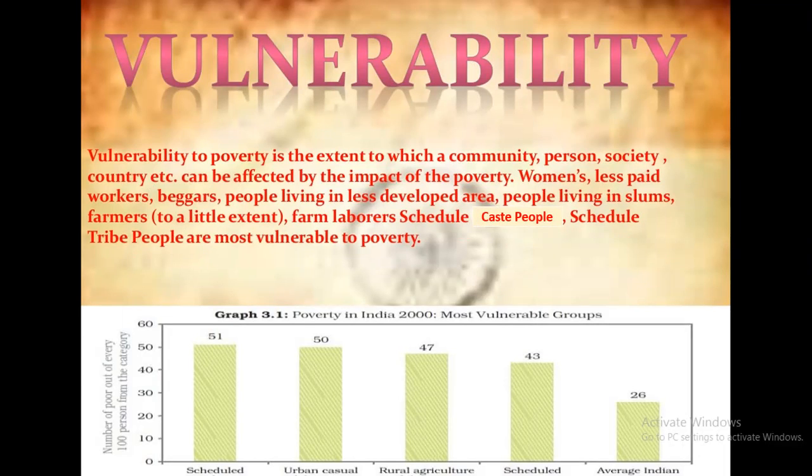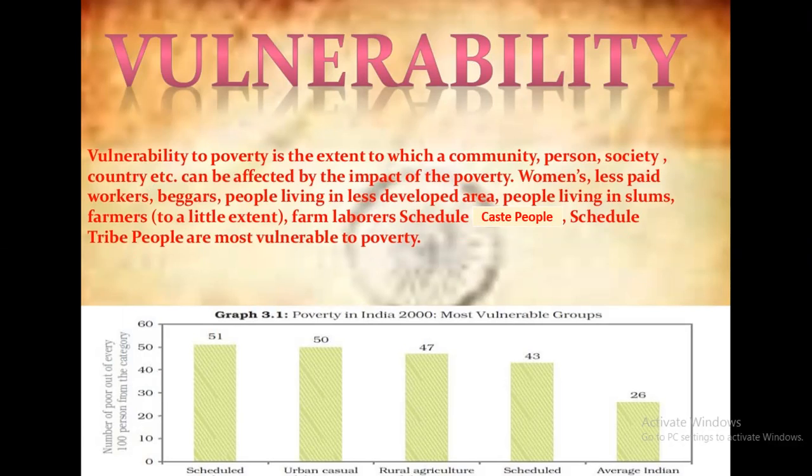Examples are less paid workers, beggars, people living in less developed areas, scheduled caste people, scheduled tribe people, farm laborers. Because the thing is, they are not working under any kind of organized sector. So there is a chance that they get a job one day, and not the next. Two days there is a job, the next five days there is no job.